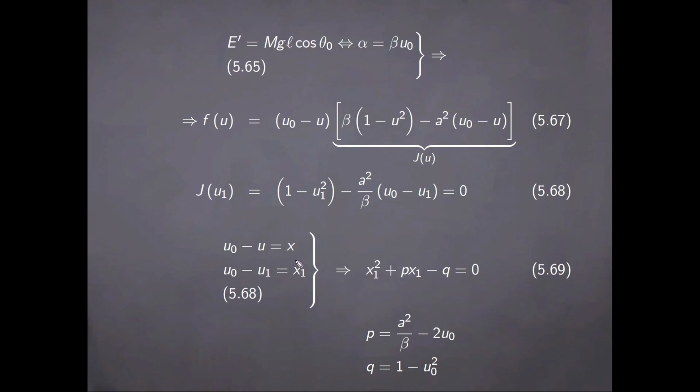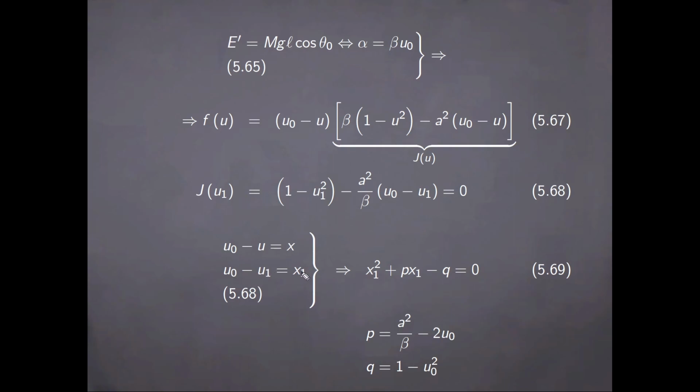Now we can include two additional notations. We will denote the difference between U0 and U by x, and the total amplitude of nutation will be the difference between U0 and U1. So this is the difference of the values of the cosine of theta at the two bounding circles.